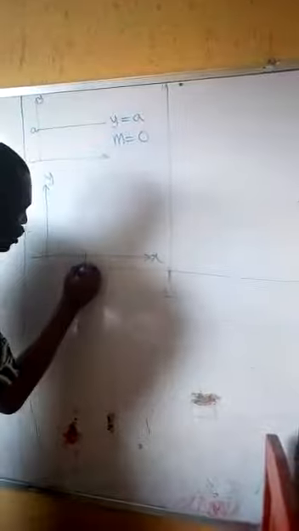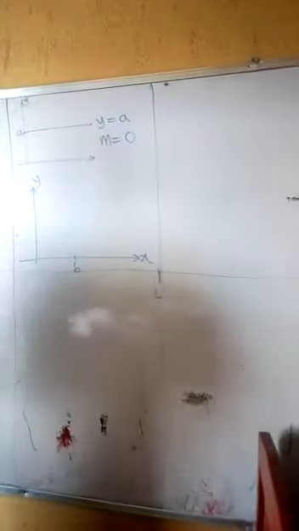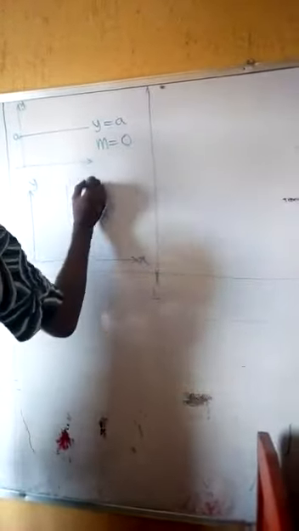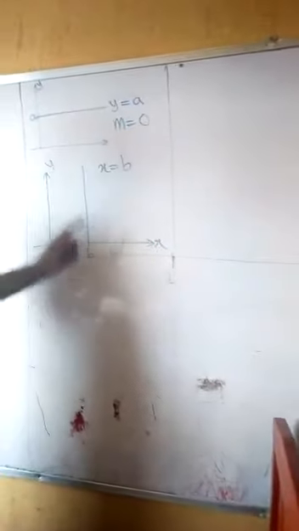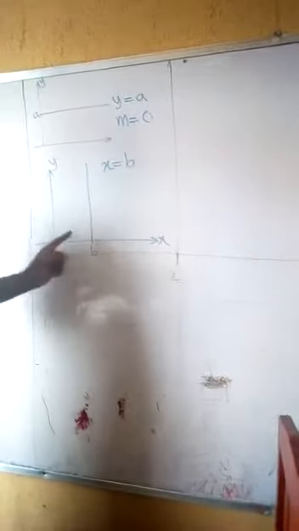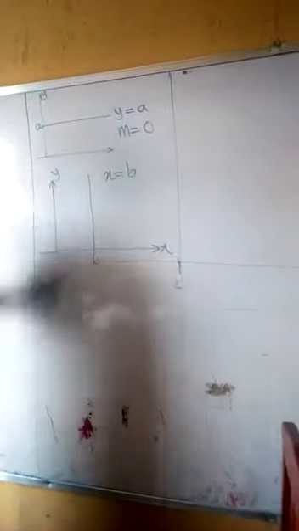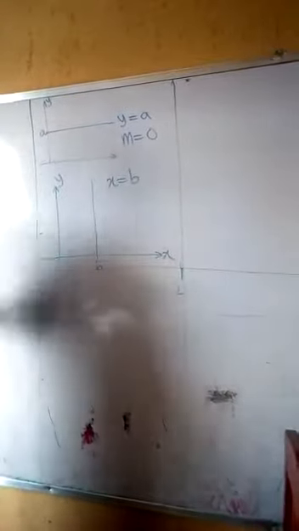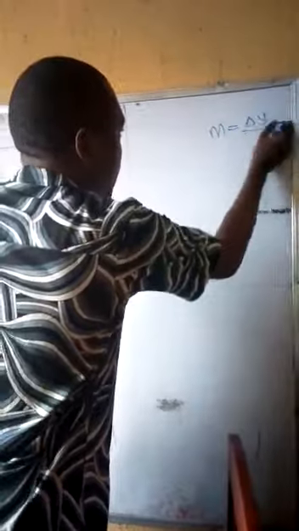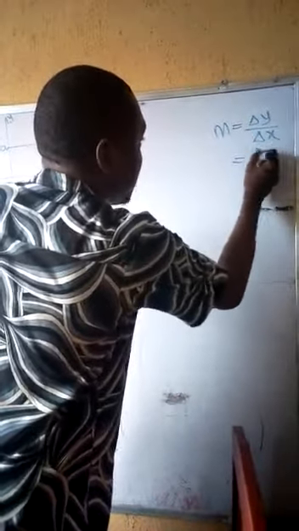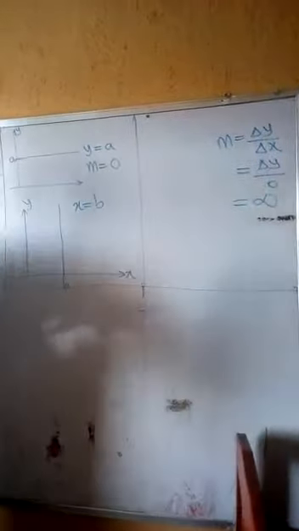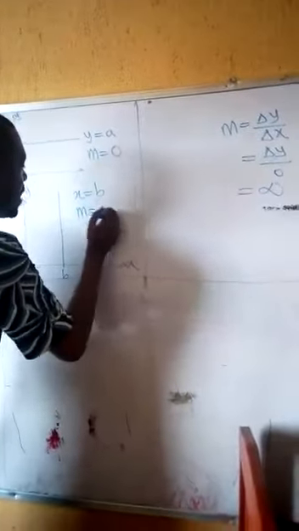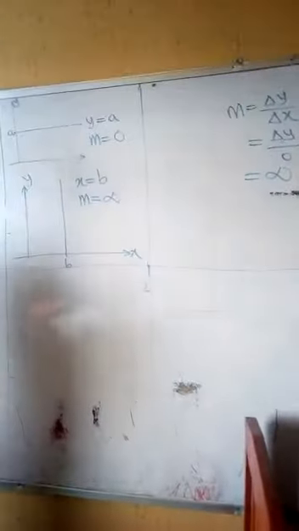Let's say it passes through a point x equals to b. So this line, its equation is x equals to b. Along this line, there is no change in the value of x, but the change in value of y is infinite. It can vary. So remember, slope is change in y over change in x. Since change in x is 0, anything over 0 is what? Infinity. So for vertical lines, the slope is infinity.